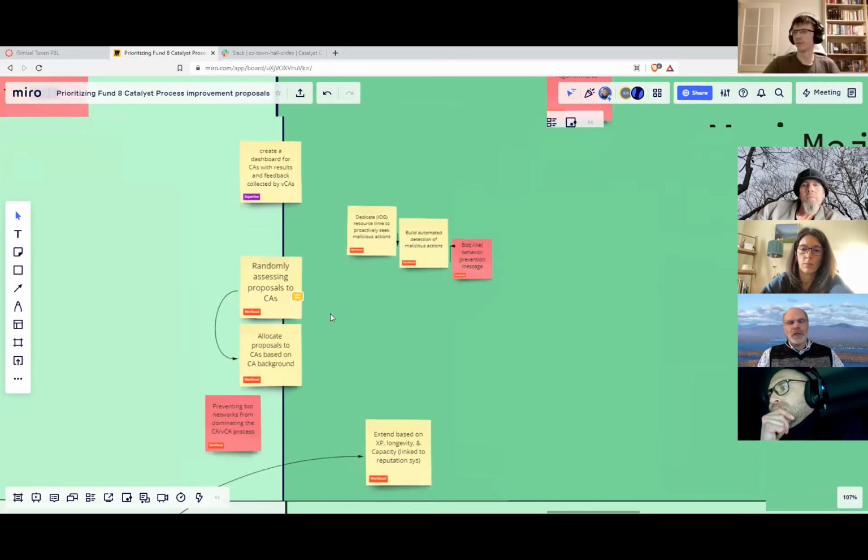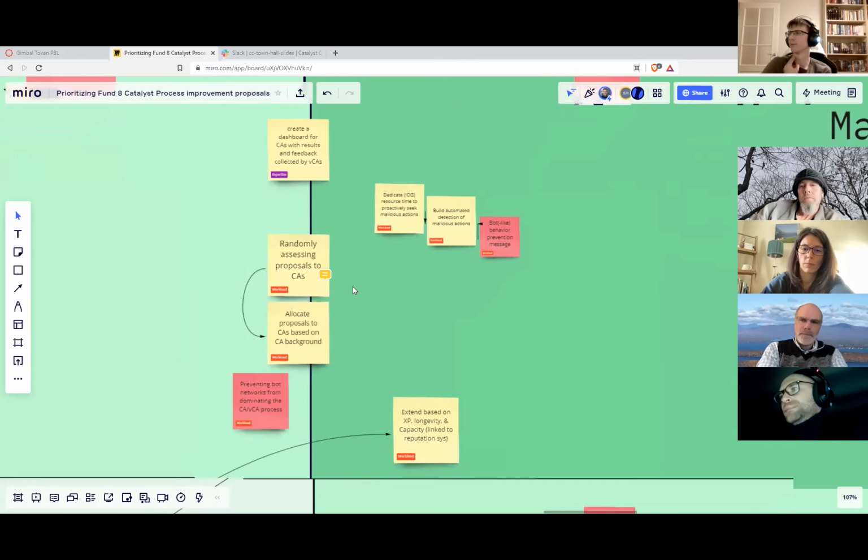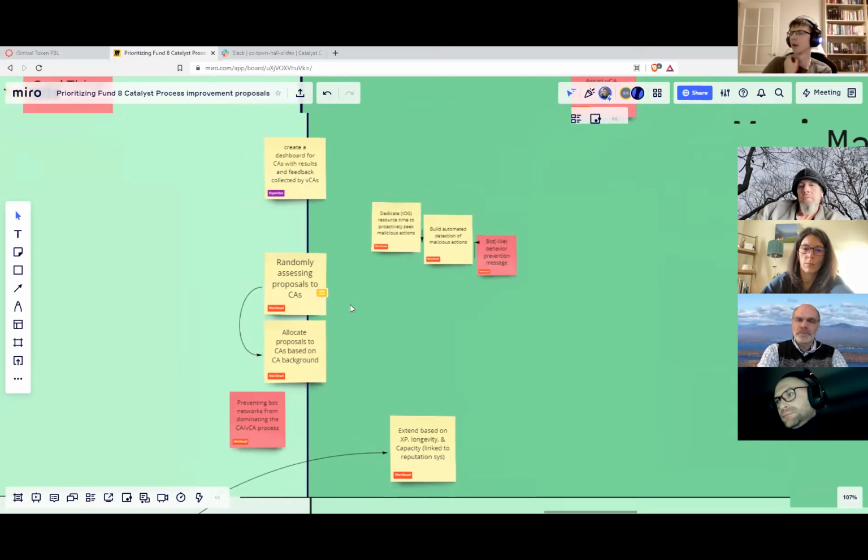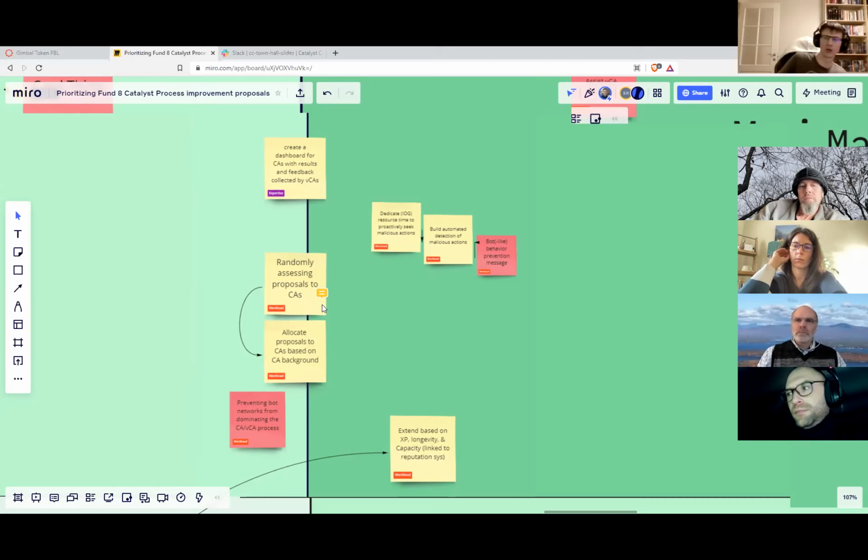No, that's terrific input. Thanks, Richard. Just a thought on randomly assigning proposals to CAs. I must say I was quite against it at the start, because I think we don't want to hinder the CAs from getting the maximum value from proposals. But I'm starting to waver, given that they can choose a challenge, though some challenges vary a lot.